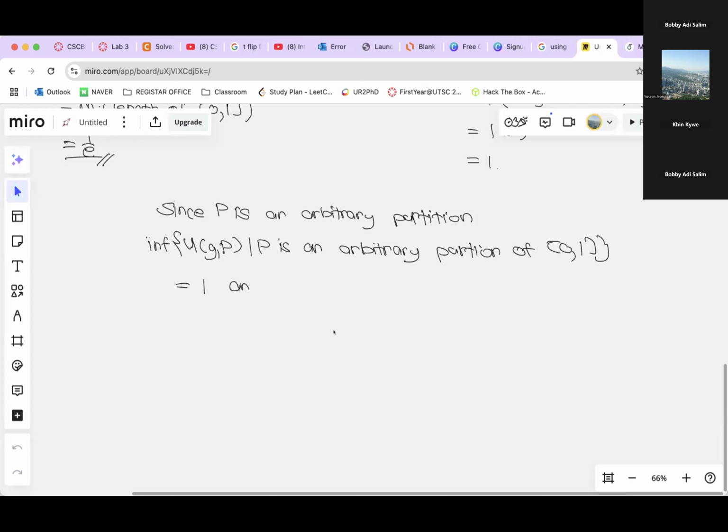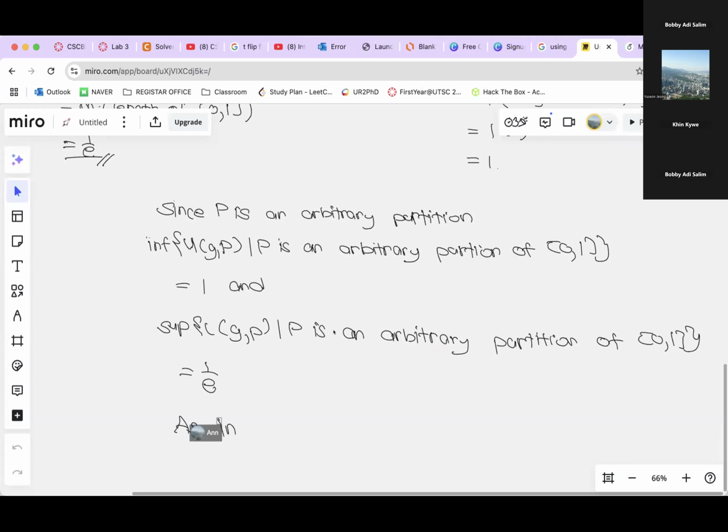And the supremum of L of G, P such that P is an arbitrary partition of [0, 1] is equal to 1/e.